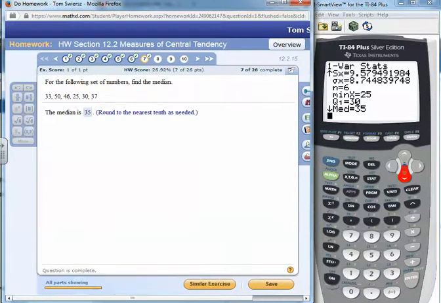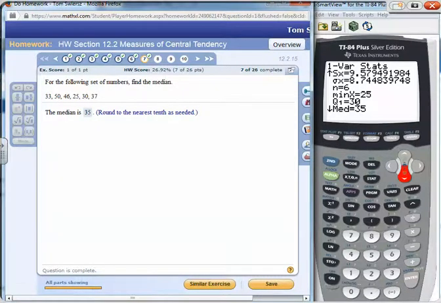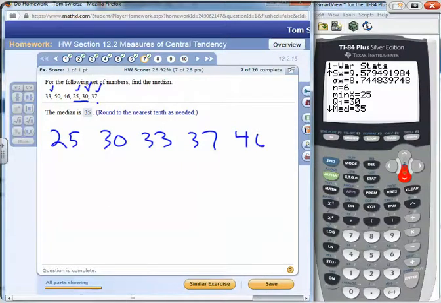Now again, this one's not too difficult to do by pencil and paper because it's raw data. If we did it by pencil and paper, we have to put them in order, right? So 25 is first. That's the smallest. Then we have a 30. Then we have a 33. And then a 37. Okay, and then a 46 and a 50, right?